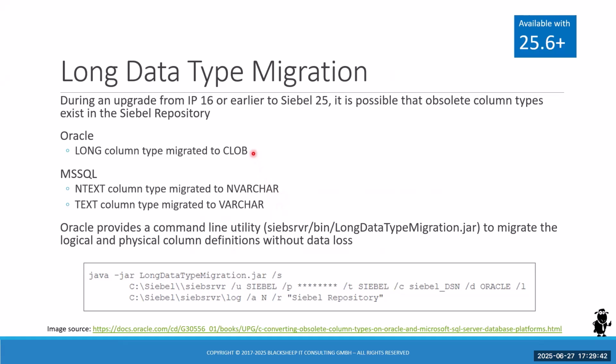Especially on Oracle, you noticed that Siebel eScript years ago lost that limitation of 16,000 characters, and it's now a character large object. I'm not sure about the implications of this, but there's a utility that supports that migration without data loss. I haven't read too much about it, but I guess it's also part of the standard upgrade when you run it. Or if anybody can shed some light on this.